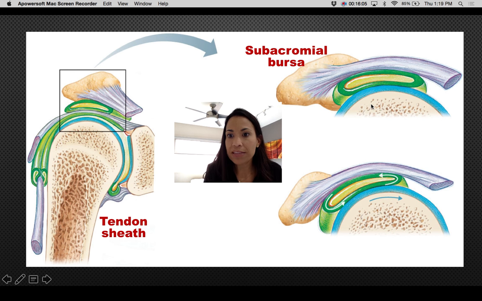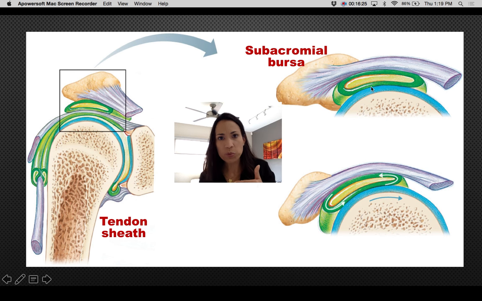It can be placed in between two bony structures. It can be placed, for example, in here, in between this bone and this tendon or ligament. I don't know, it should be a tendon. It can be placed also in between the bone and the skin.